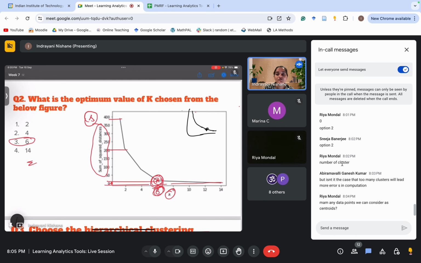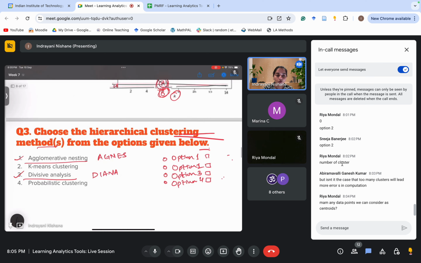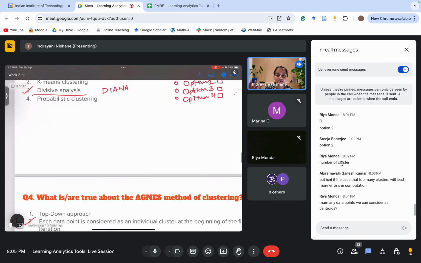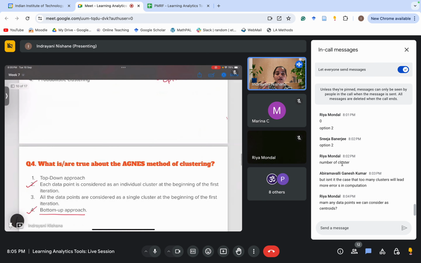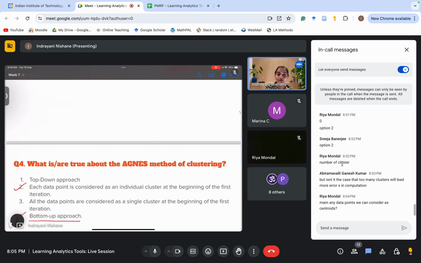So that's where the J value or the error function comes into the picture, and the optimum number of k is given by where the elbow happens in this graph. The doubt you raised is very nice, that clears many things. That's the whole point of considering this k value, or how to come up with the optimum number of clusters to consider. Then there is the next question, can any data points also be considered as centroid?